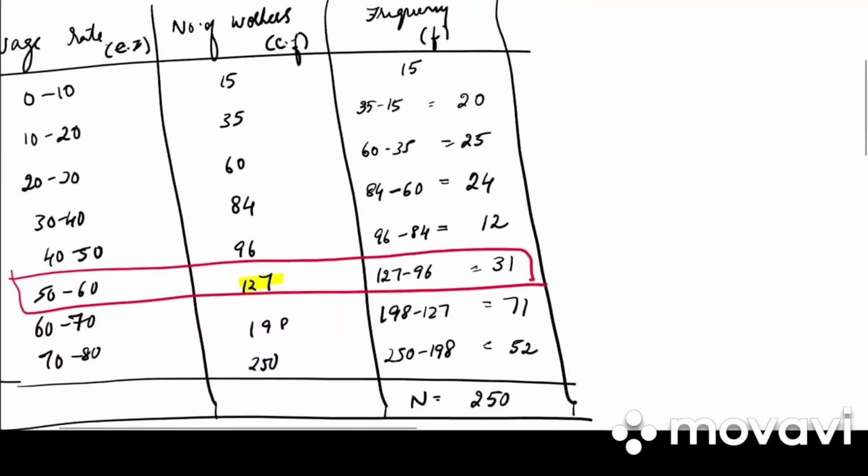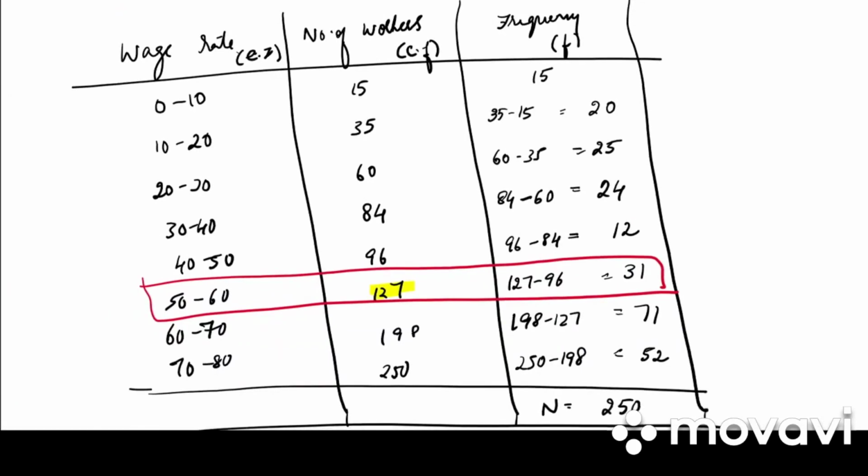So in the question, whenever they give us a less than or more than ogive, it means they have given us the cumulative frequency. And how can we find out the frequency? By deducting the previous value from the next value. And when they have given us the frequencies, how do we find the cumulative frequency? By adding the numbers. Correct?